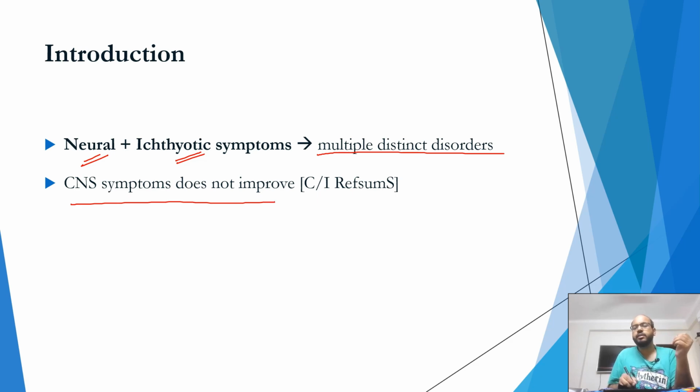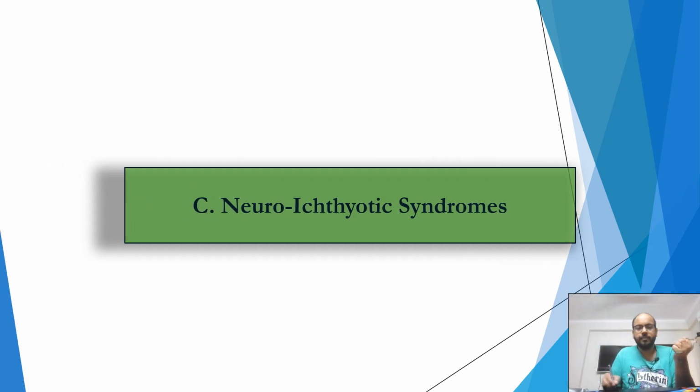The only exception is Refsum syndrome. In Refsum syndrome, if in later stages you continue the restriction of phytanic acid, the CNS symptoms might improve. But in nearly all of the neuro-ichthyotic syndromes, the CNS symptoms don't improve with time or with any other treatment for that matter. So let's start our discussion on neuro-ichthyotic syndromes.